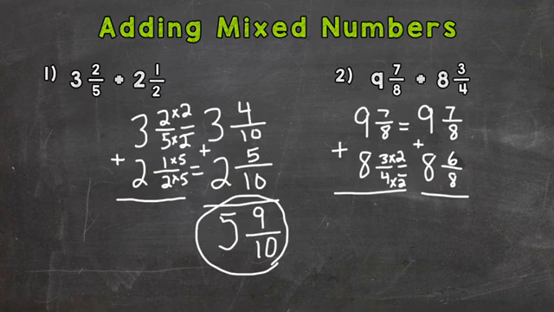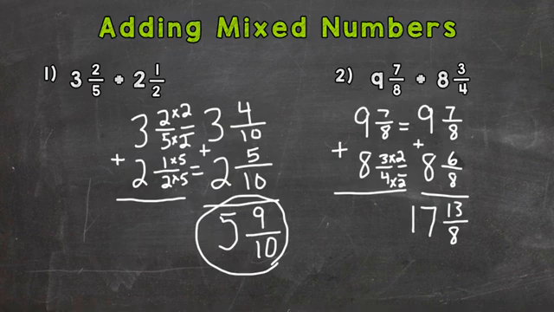Now we're ready to add because the fractional parts have a common denominator. 7 plus 6 is 13. Keep the denominator of 8. 9 plus 8 is 17. So our answer is 17 13/8.